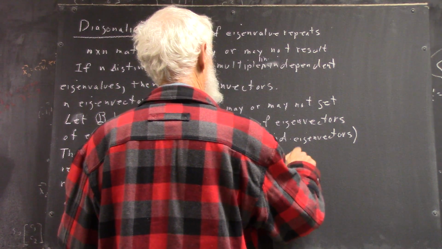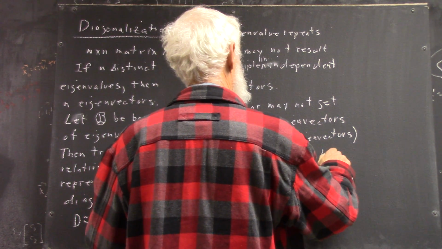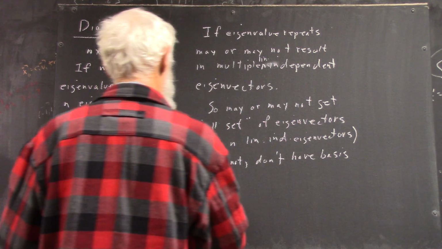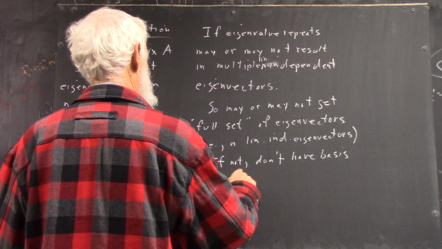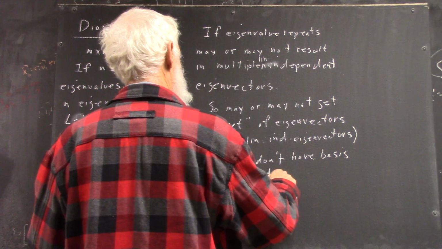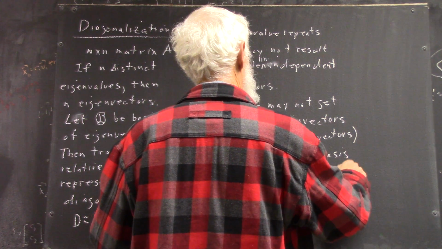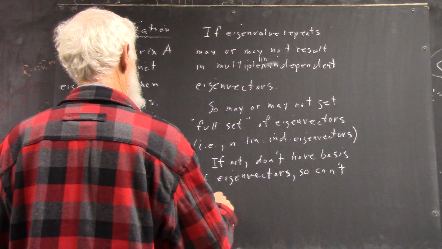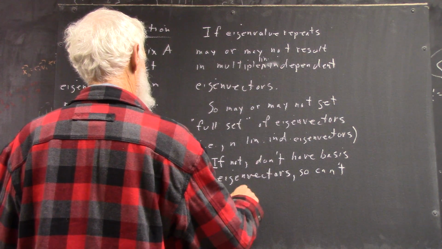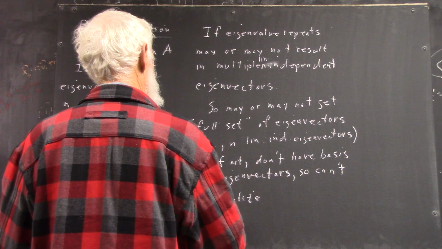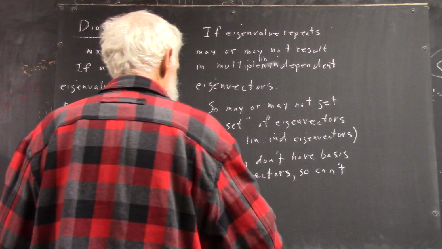So if not, we don't have a basis of eigenvectors. So we can't diagonalize.